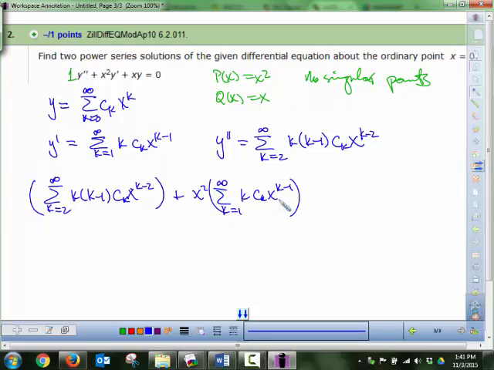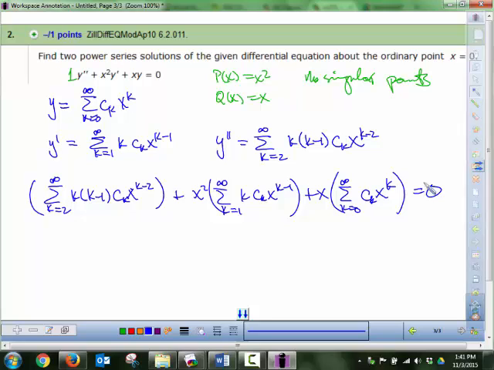This is our y prime. And then we have an x times y, and y is just the original c sub k x to the k. And fortunately, this is a homogeneous differential equation, so we're going to set everything equal to 0.